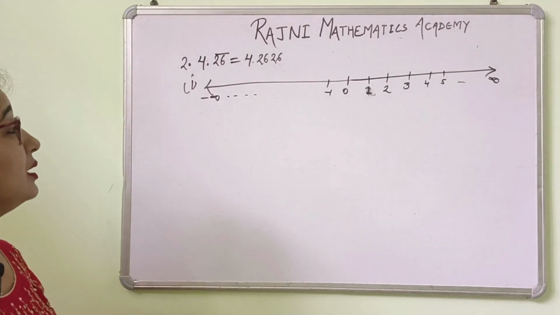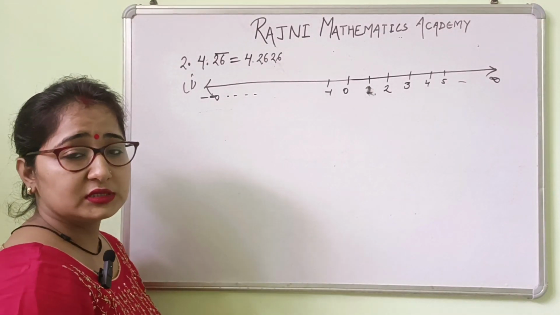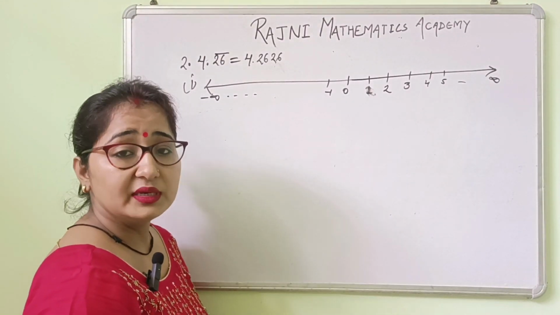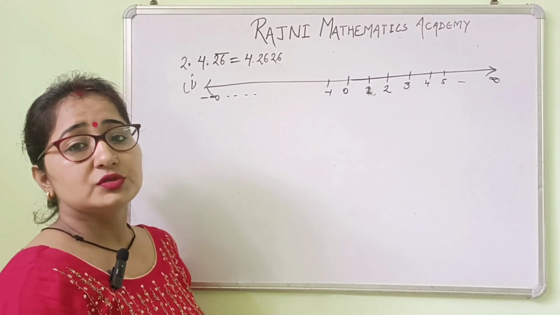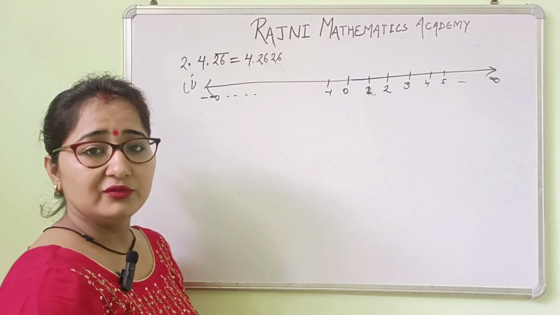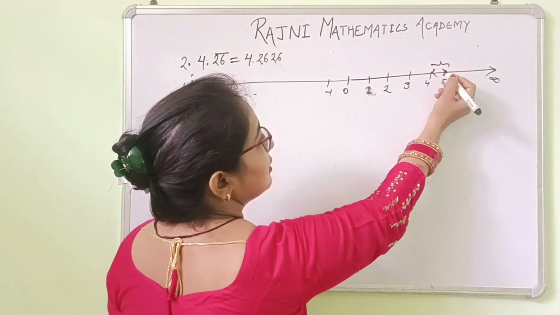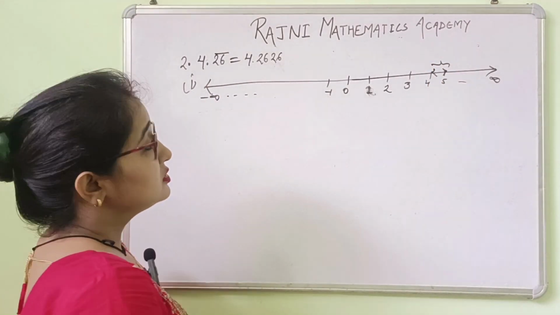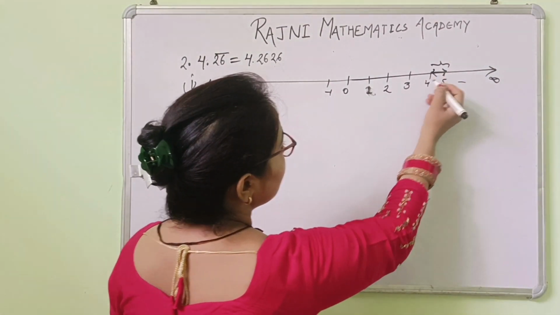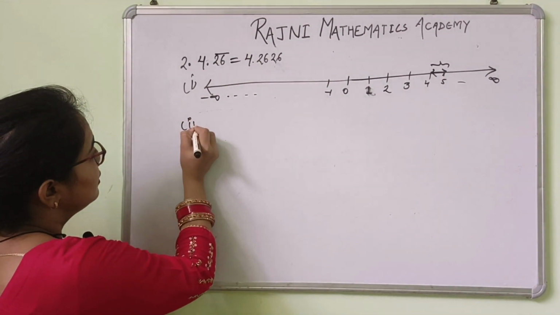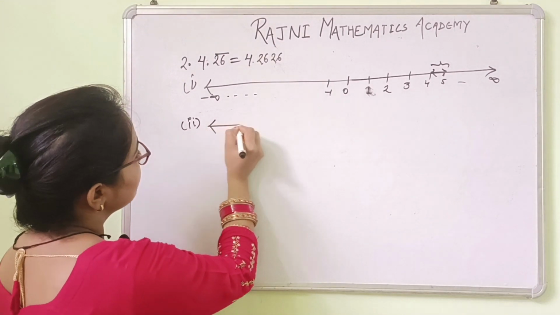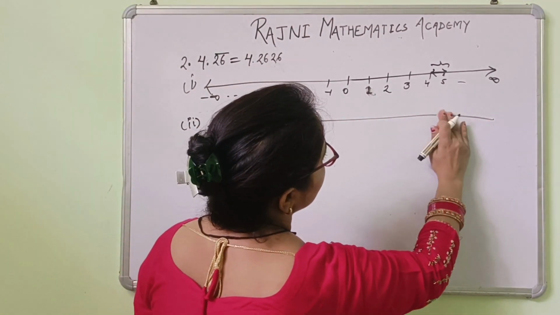The number is 4.2626. The number is greater than 4, so it will lie somewhere in between 4 and 5. So in the next step we will magnify the number line between 4 and 5.